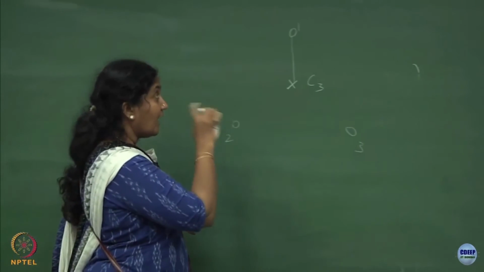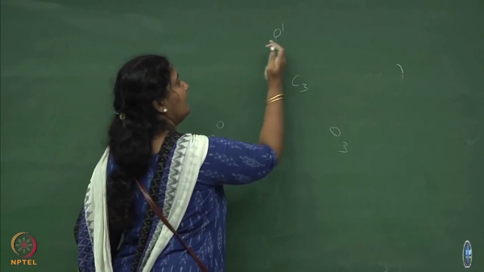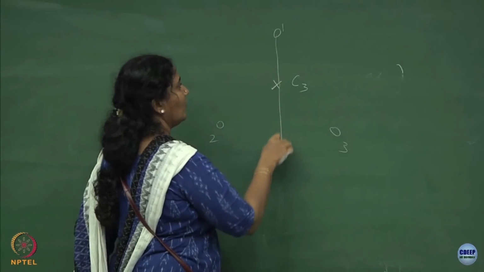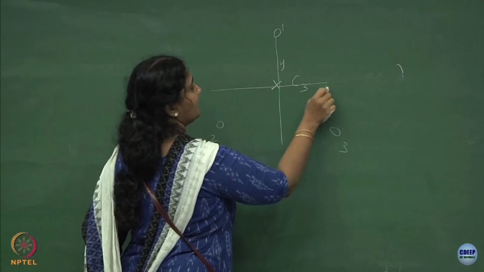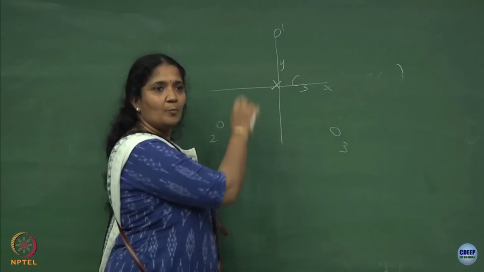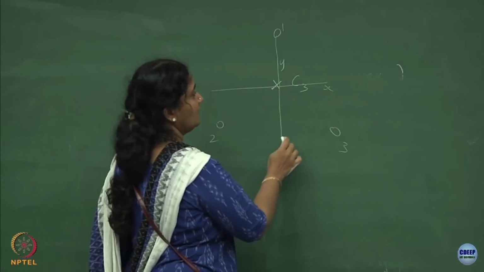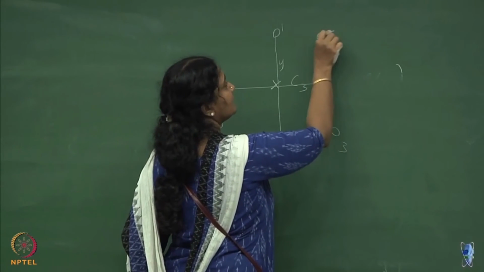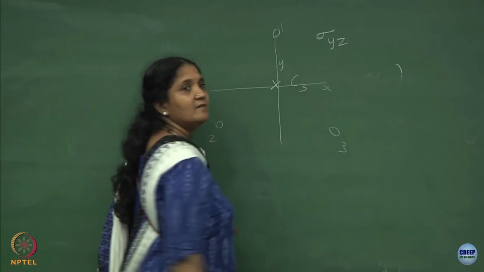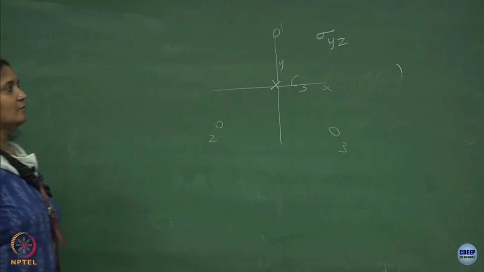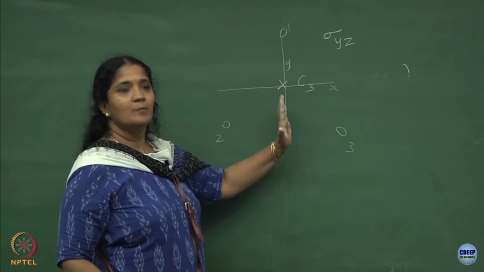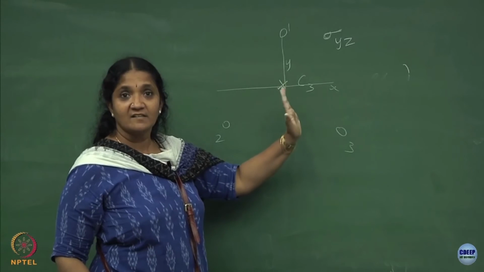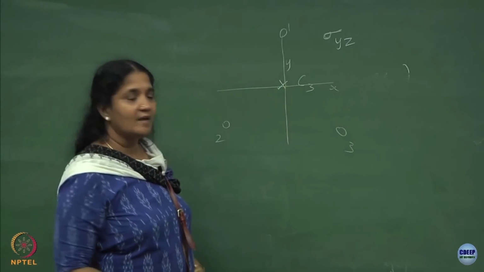On top of it, I could also put a mirror, okay, a mirror. So, let us take this to be the y axis, this to be the x axis on the board, and put a mirror in the yz plane. Okay, so, let me call the mirror sigma yz plane. If I put a mirror that contains the z axis, it contains the axis of symmetry, right.